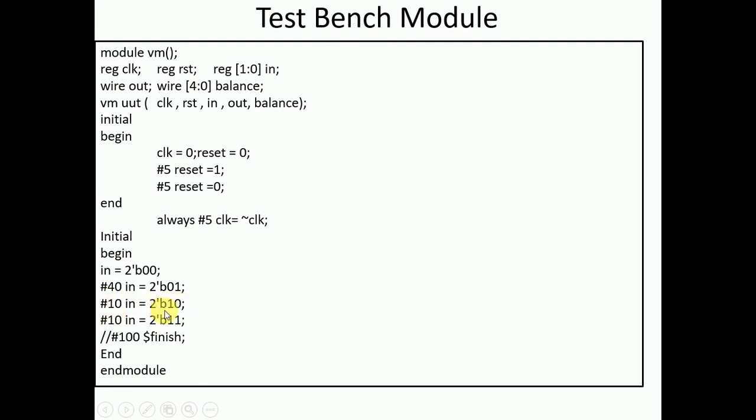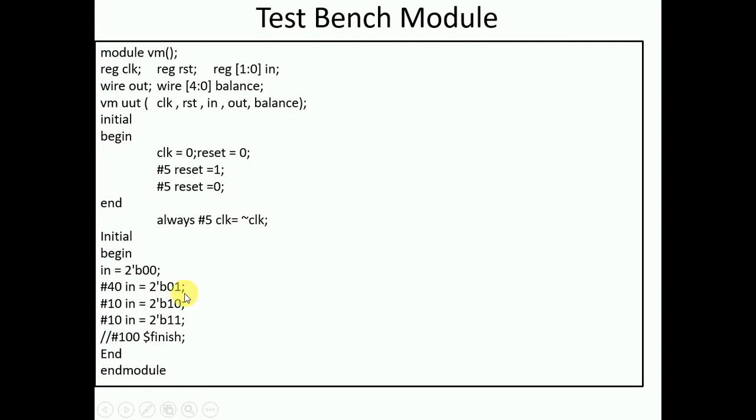So a dime coin is inserted after a total of 50 seconds, because these are blocking assignments and the execution of the second statement will happen only after the first statement is executed. Then after another 10 seconds, that is in total after 60 seconds, we are inserting 2-bit binary 11, which means a quarter coin or a 25-cent coin.